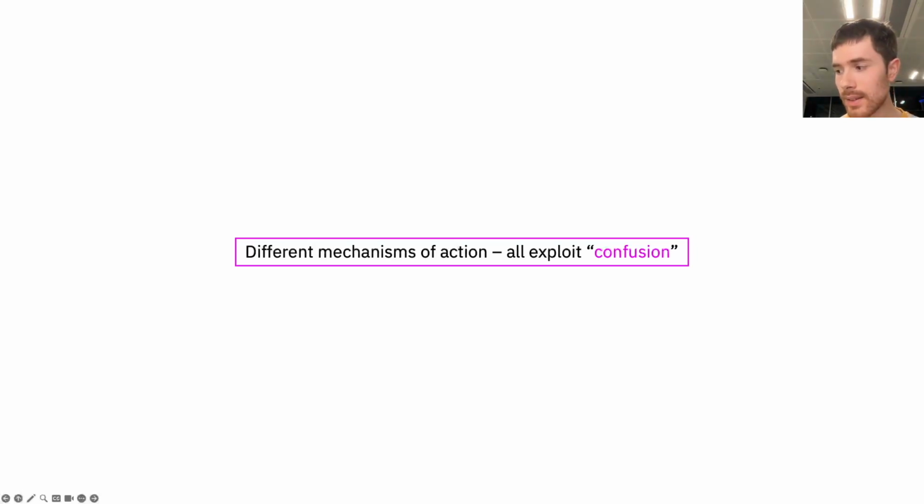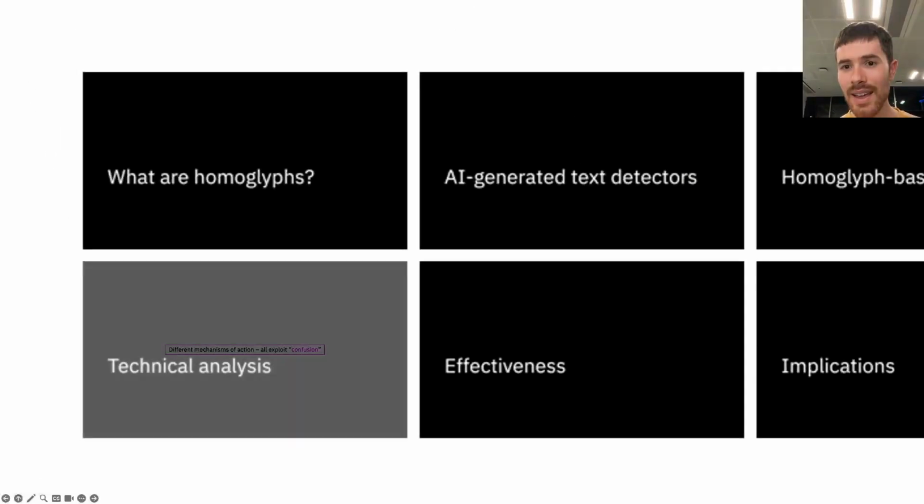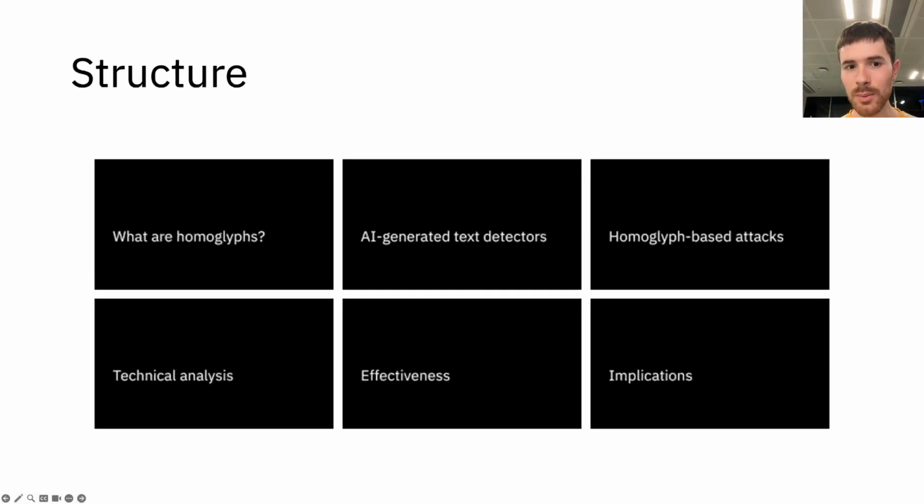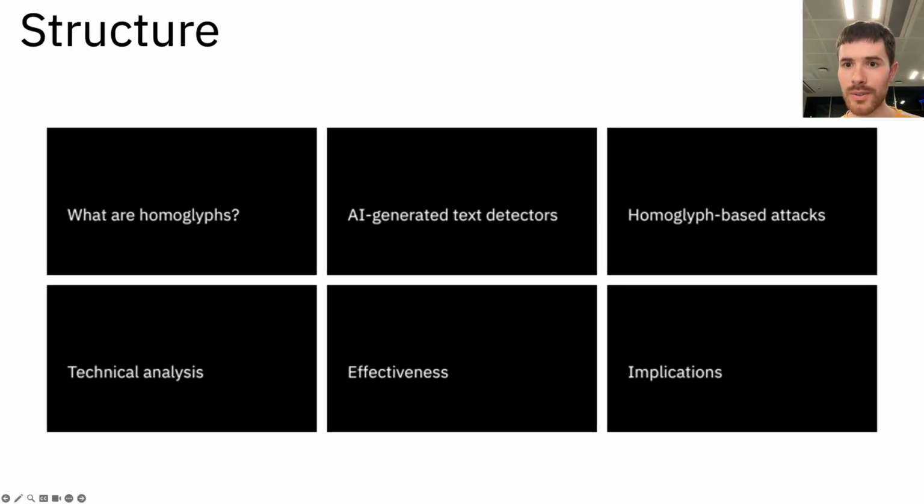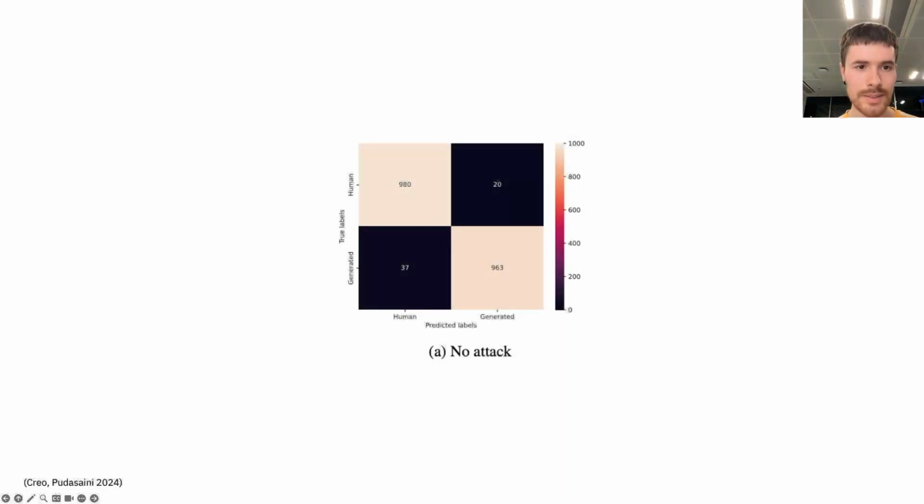And, well, that really complicates things. And let's have a little bit of talk on effectiveness. What happens here? Well, I'll show you some experimental results. We have 1,000 human texts and 1,000 generated texts.